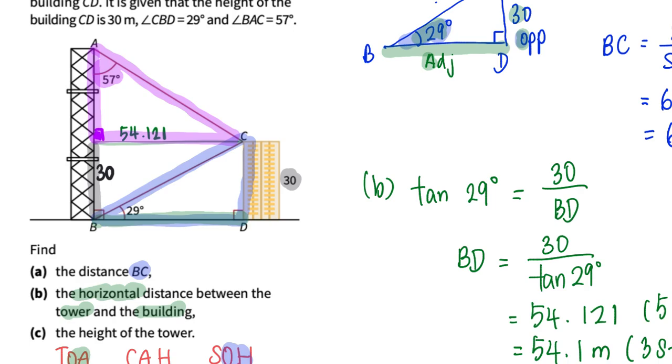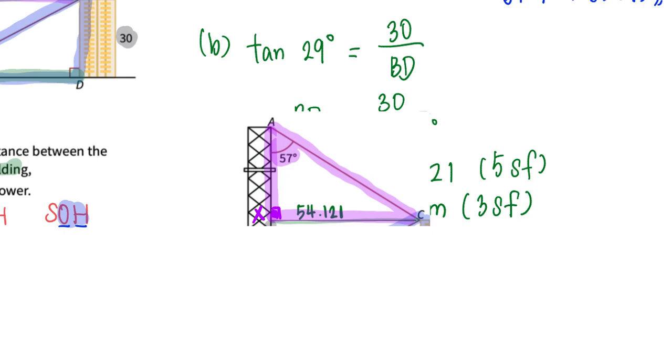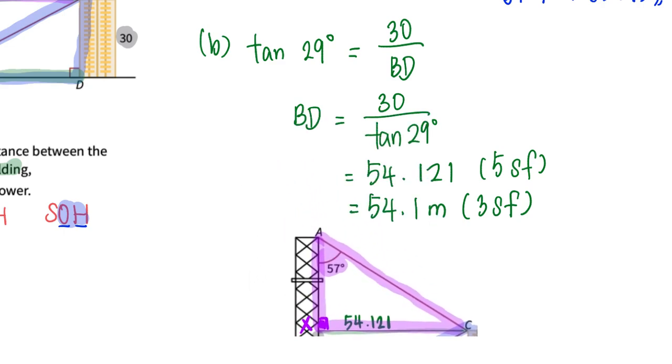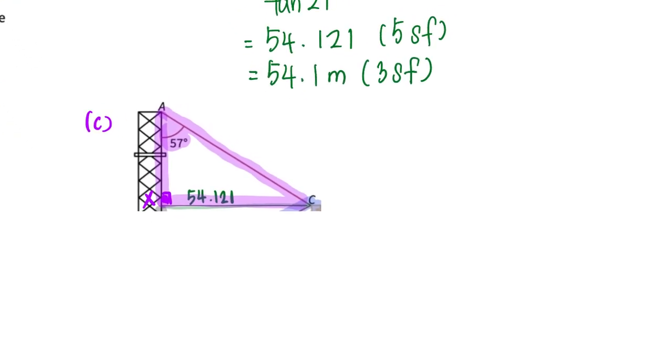So I'm going to just indicate that this will be my point X, and I'm going to focus on this first for the first part of part C. So for the first part, I would then want to find my AX. So with respect to this angle here, this will be my adjacent and this will be my opposite side.